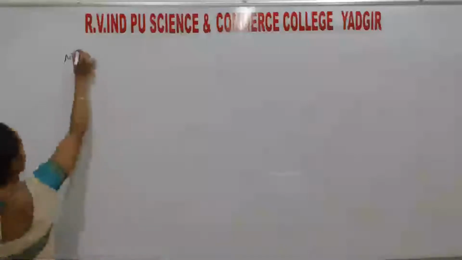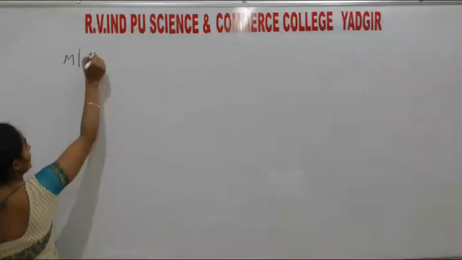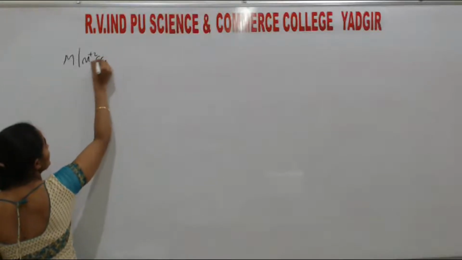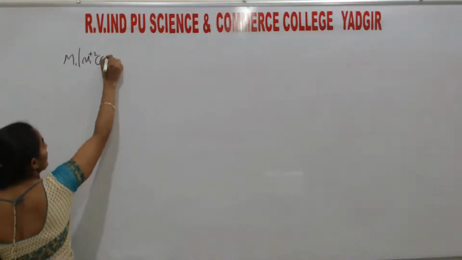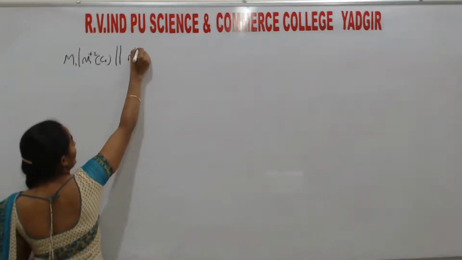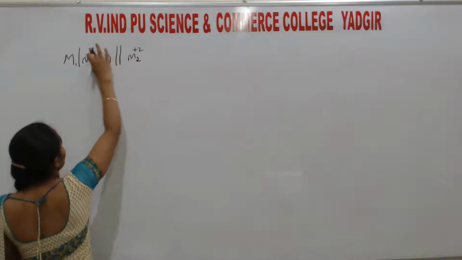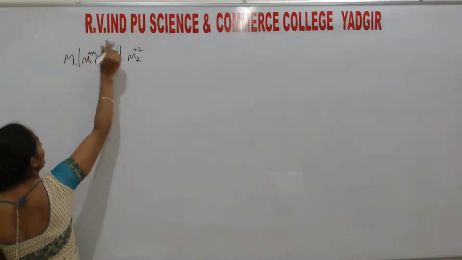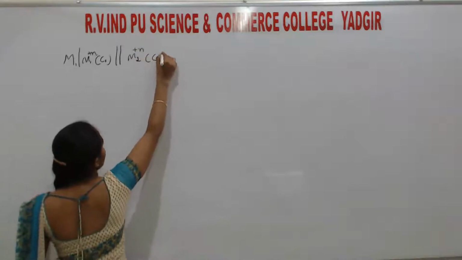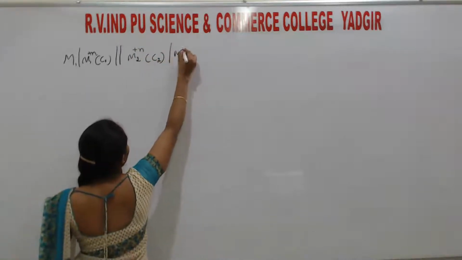So that means metal, metal ion, with concentration C1. M1 C1, salt bridge, cathode, metal ion M plus n, we don't know plus 2 or plus 3. Next, concentration C2 for metal 2.